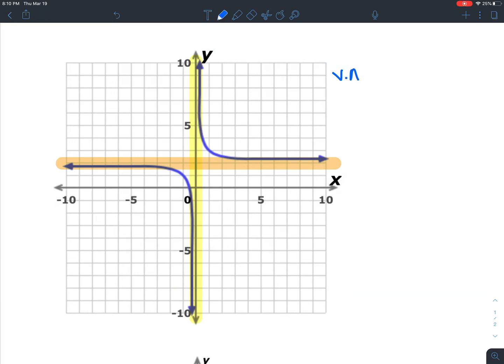Because it crosses the x-axis, it's always going to be x equals something. And it's x equals 0 because that's where it crosses the x-axis. That's our yellow one. Now, the horizontal asymptote will always cross the y-axis, and it crosses the y-axis at 2.